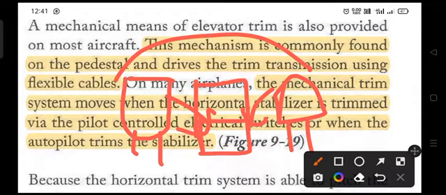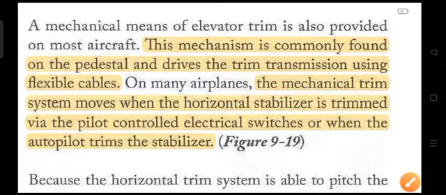Over here there are throttles and many other things. This area is called the pedestal area. Fine. So that pedestal area drives the trim transmission using flexible cables, which we have already read in the mechanical section.